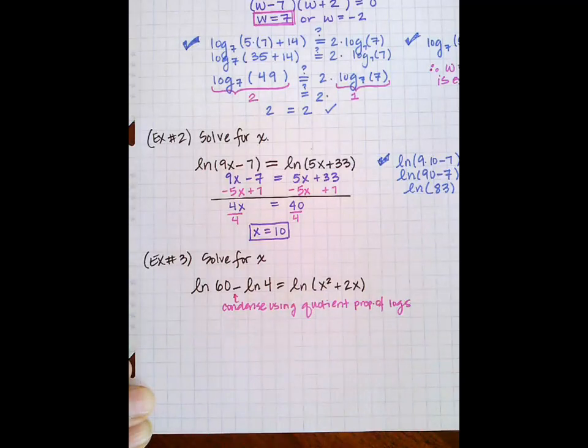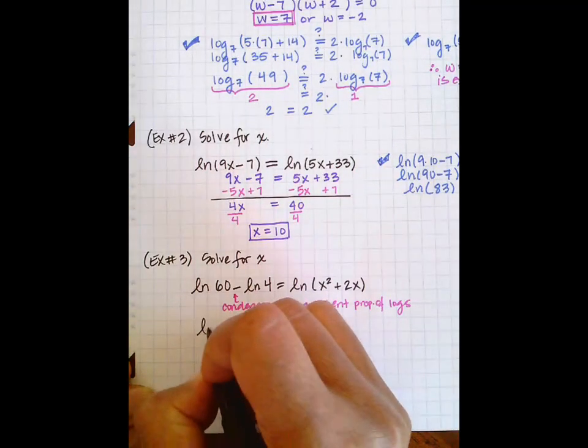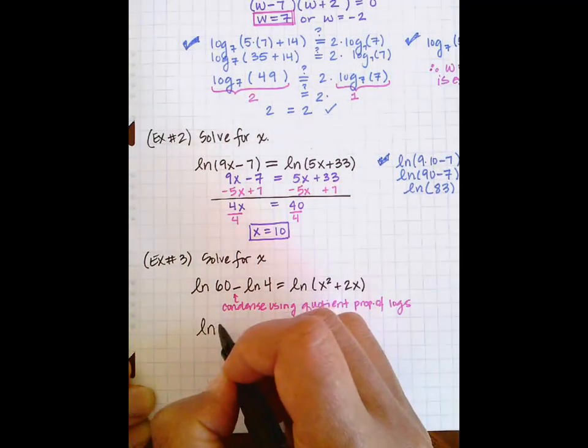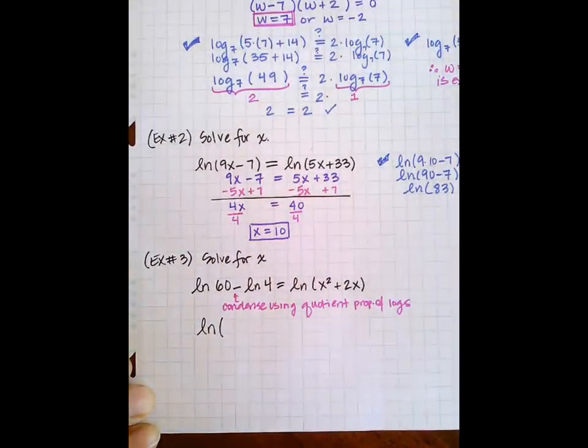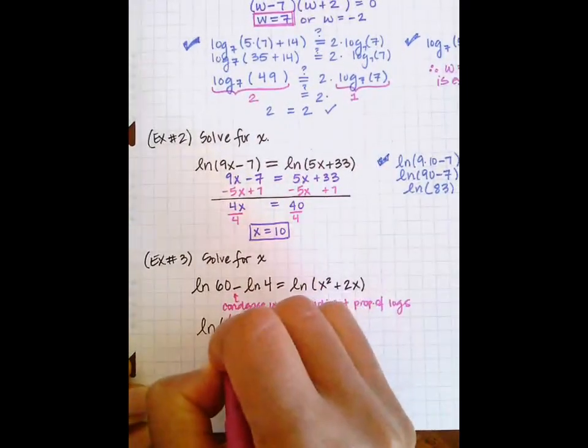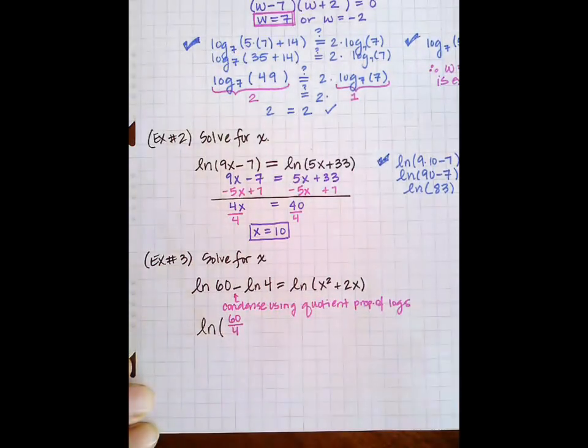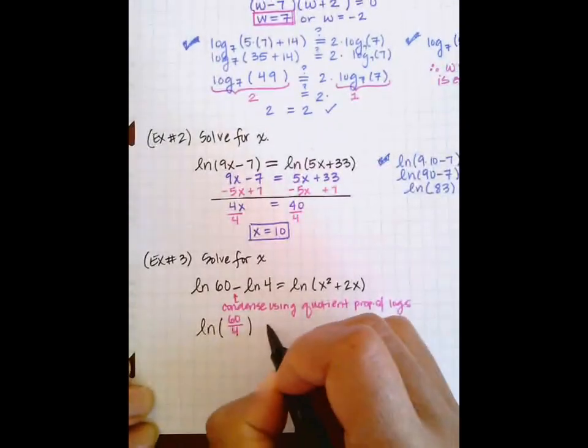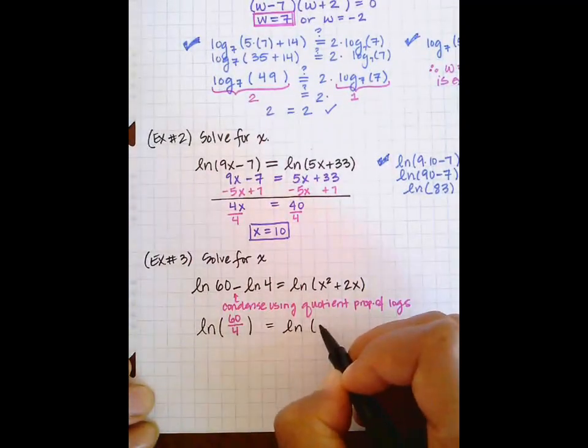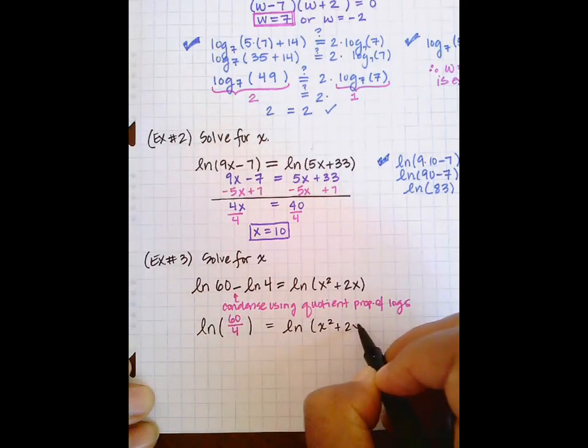So condensing those two together under one logarithm, it would be the natural log of 60 divided by 4, and then I close my parentheses, and this is again equal to the ln of x squared plus 2x.